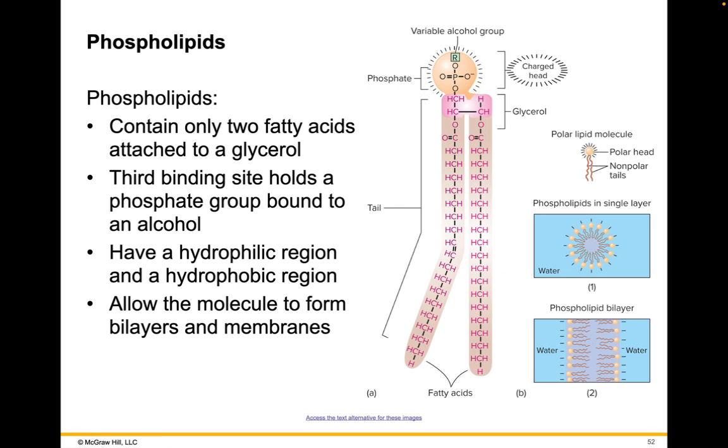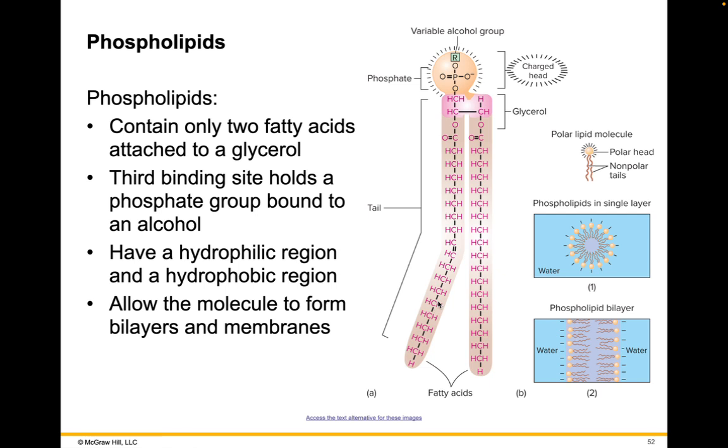And in your homework, you're going to want to know the parts of your phospholipid. So phospholipids still are made of a glycerol. So here's the glycerol. But if you'll notice, we don't have the whole glycerol, and we don't have 3 fatty acids. We only have 2.